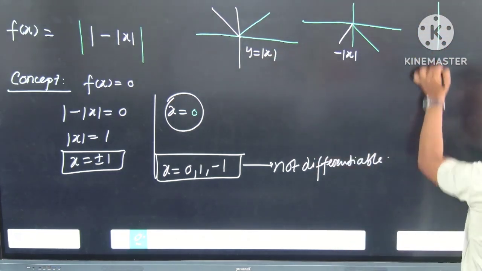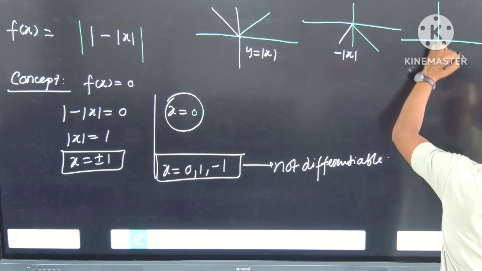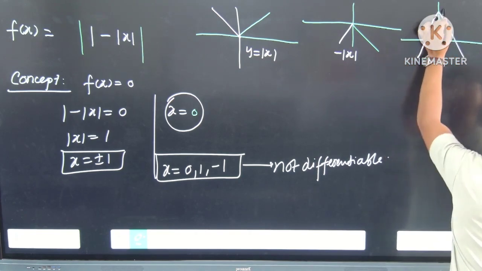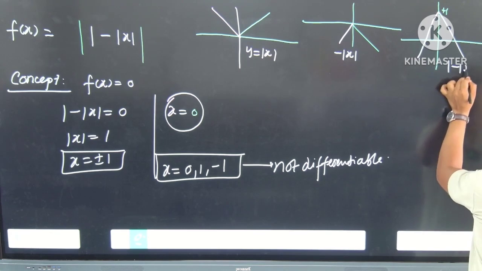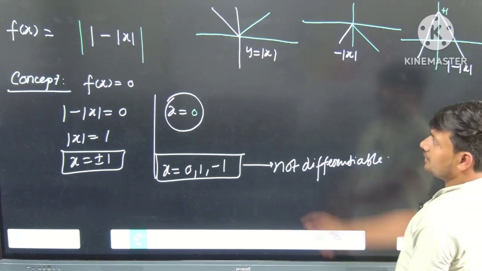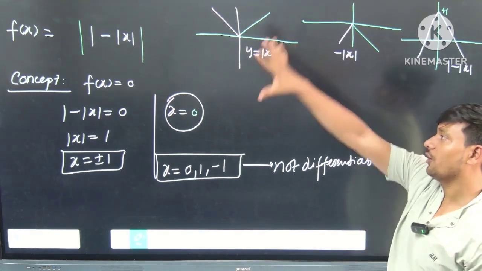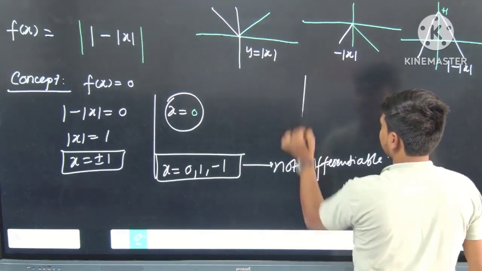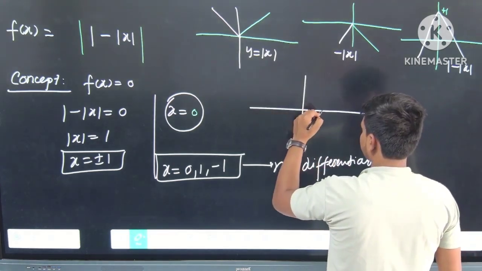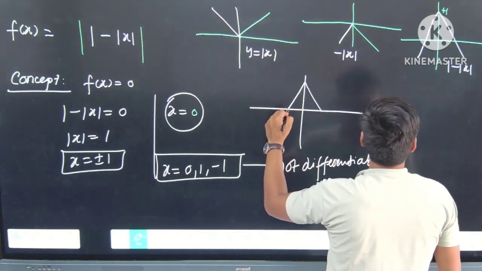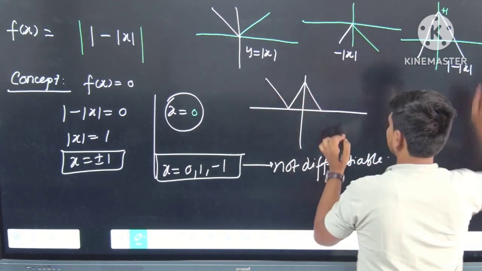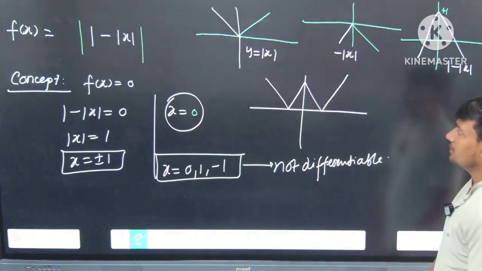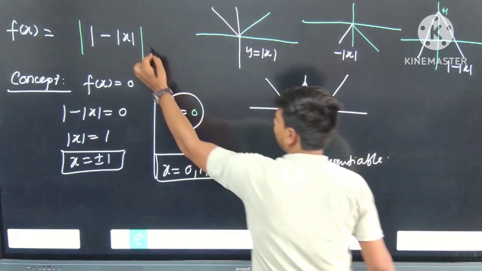If we add 1, then the graph will be like this one. This is plus 1, so this is 1 minus mod x. And finally we will draw the graph of this whole function. That will be like this one. This part goes above the x-axis, and this also goes above the x-axis. So this is the required graph of this function.